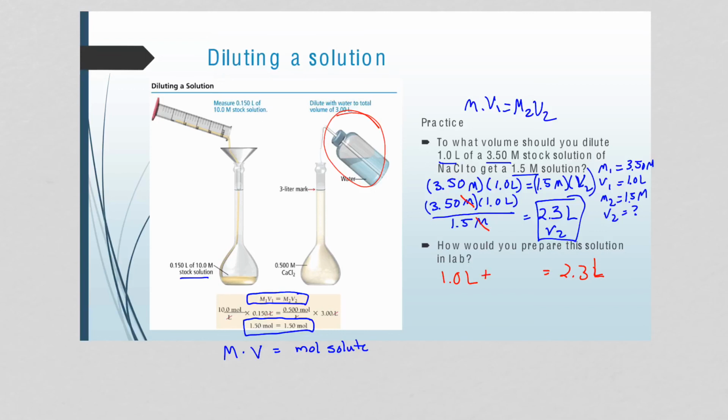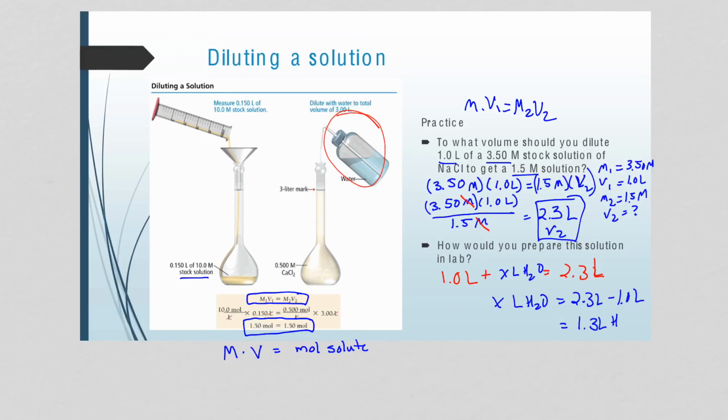And to do that, I'm going to add X liters of water. Well, since 1 and this have to add up to 2.3, my X liters of water is going to equal 2.3 liters minus 1.0 liters equals 1.3 liters of water.